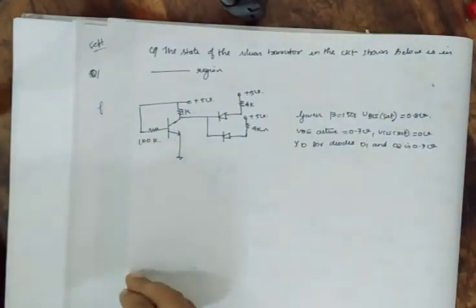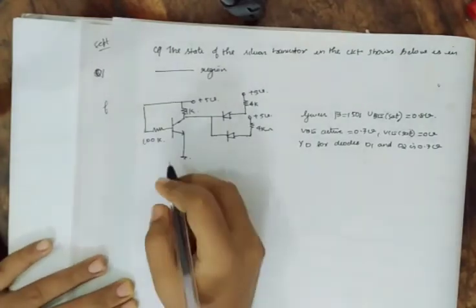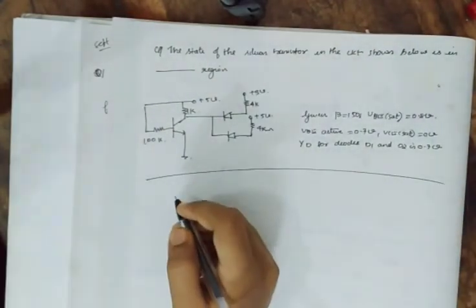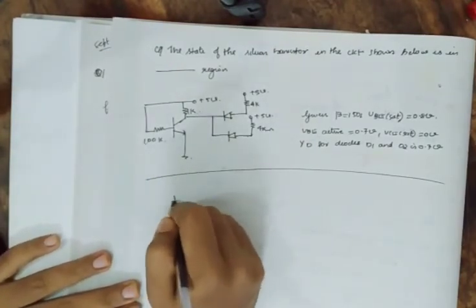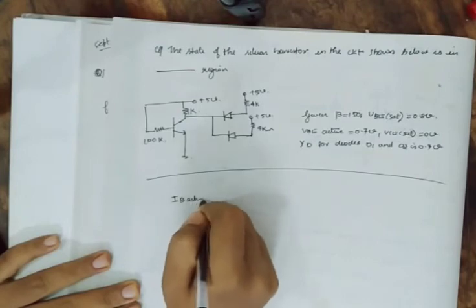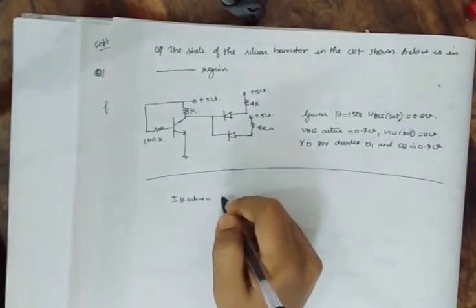The state of the silicon transistor in the circuit is shown. So we have to find out the state of the silicon transistor in the circuit shown. That is, we'll find out IB active. What is IB active?